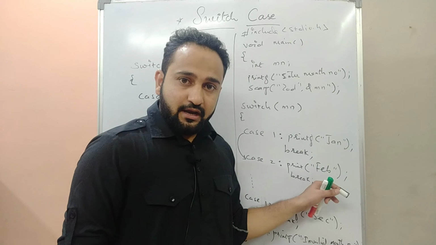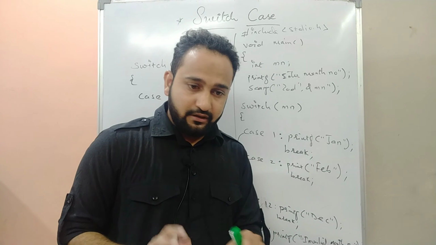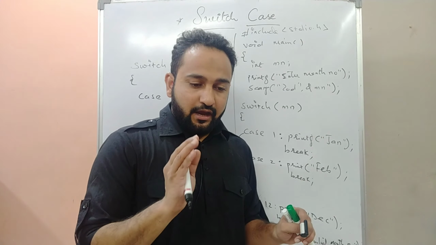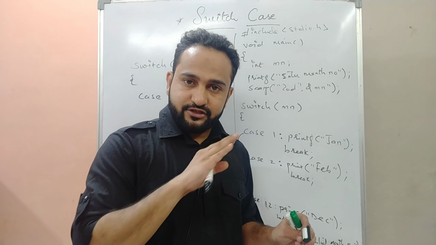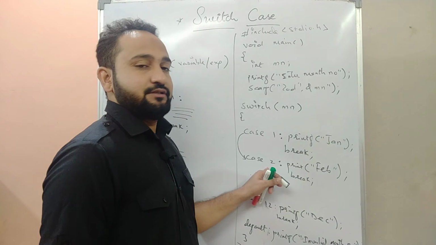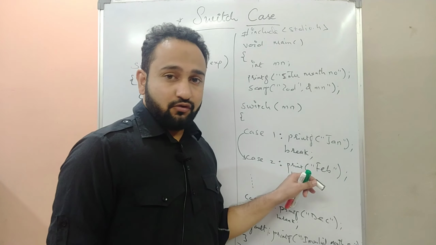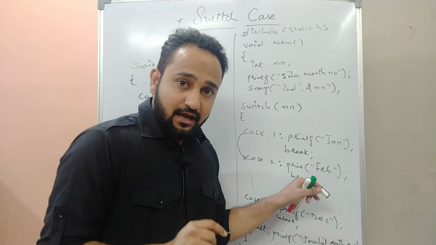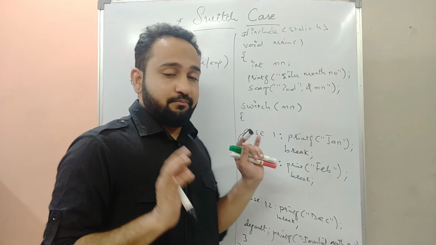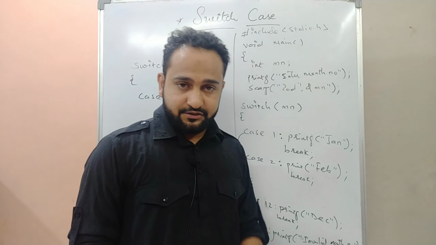After printing Feb, it will print March, April, May, June, as there is no break statement. So in switch case, if any case is true, it won't check for any other case, it will print all the things, right? So for every case, after writing whatever you want inside your case, before writing any new case, you will write a break statement. That is compulsory.